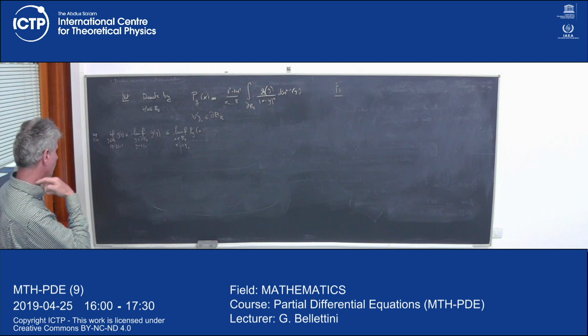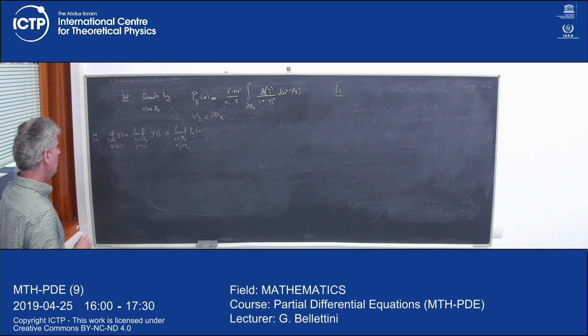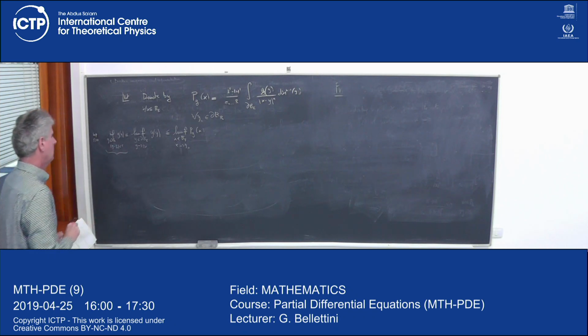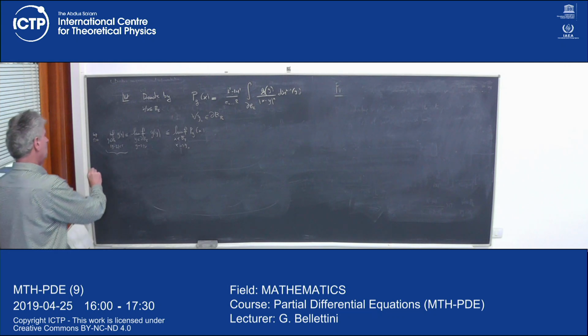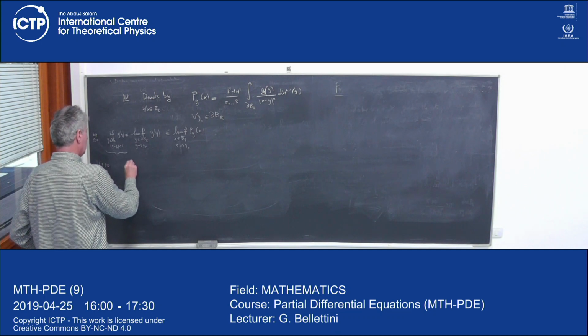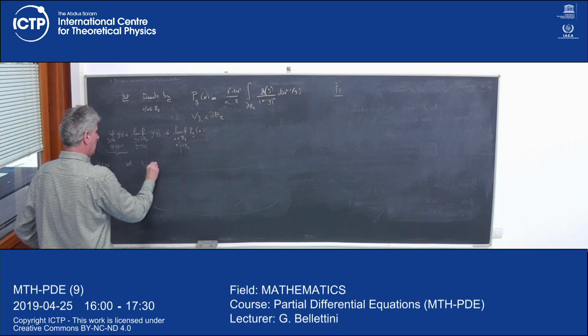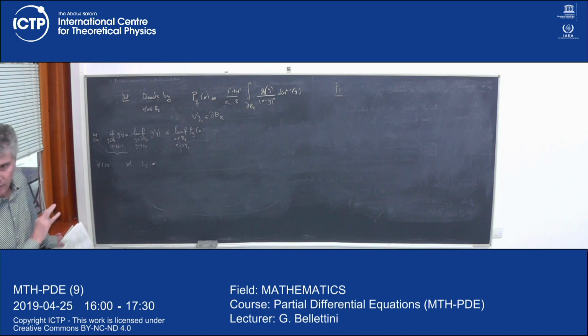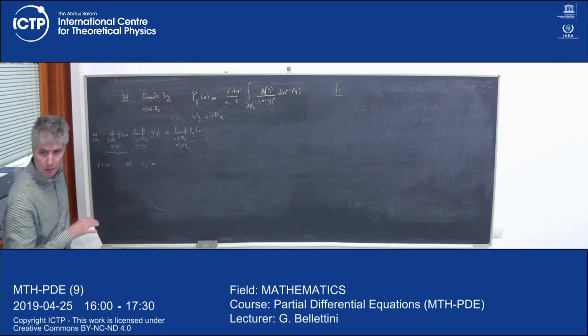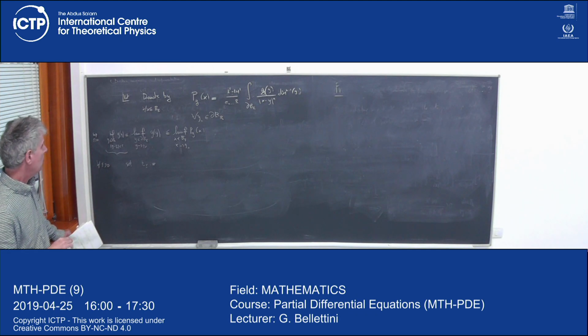So let us call this number t epsilon, for any epsilon positive. This is just the definition of lim inf. It is a limit as epsilon goes to 0 of an inf, or the limit is also sup, it is the same.